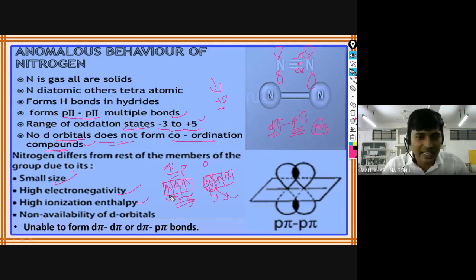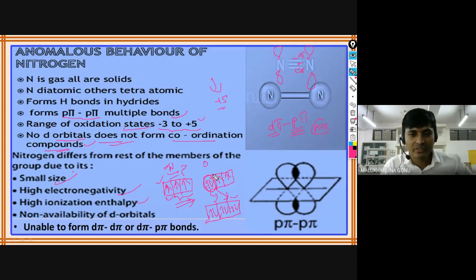So what is happening here? Usually electrons in half-filled or completely filled orbitals are highly difficult to remove. That will have high energy. It's true that if you go down the group, size increases, and removing the outermost orbital electron will be very easy.